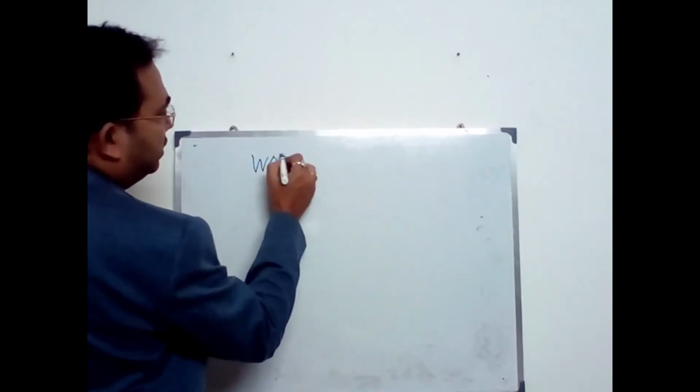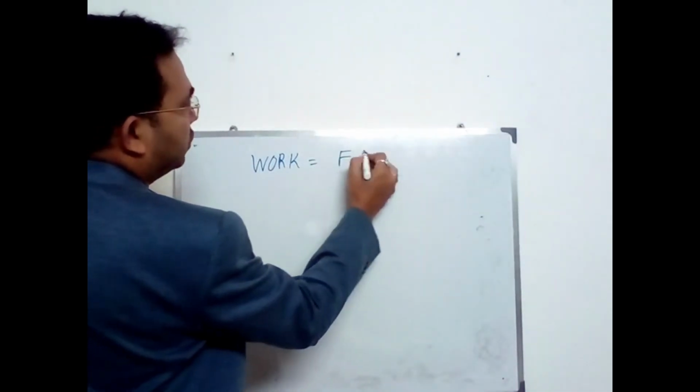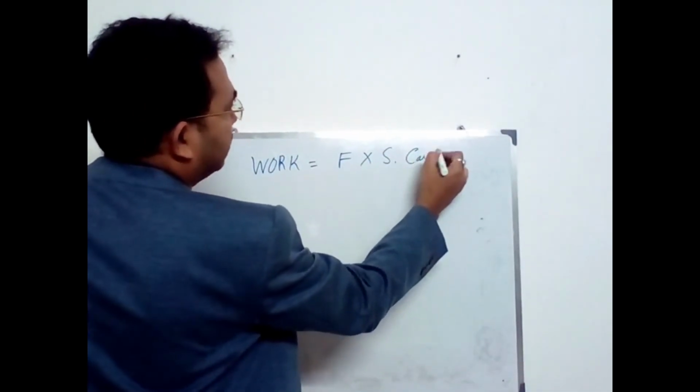So work done equals to F into displacement into cos theta.